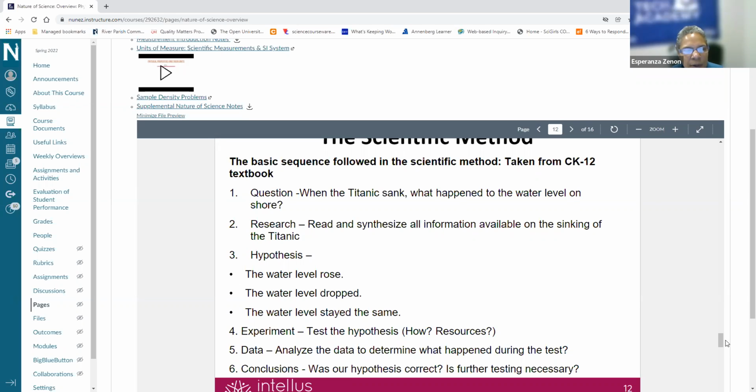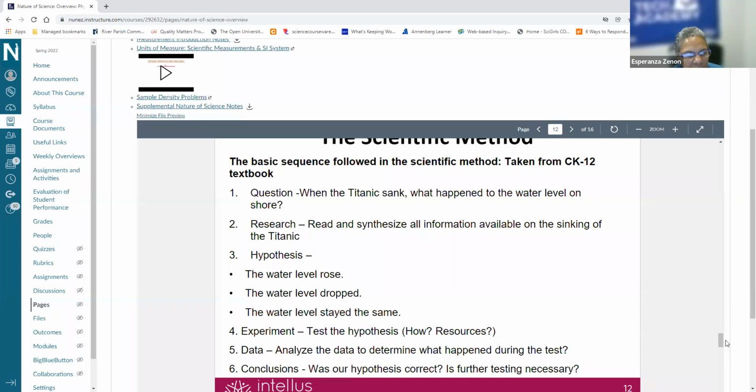So in order to approach that question, first, the scientist has to do some research. So read and synthesize all the information available on the sinking of the Titanic. And after that, then the scientist will formulate a hypothesis. And maybe they'll have to pick one of those, depending on the information that they have available.